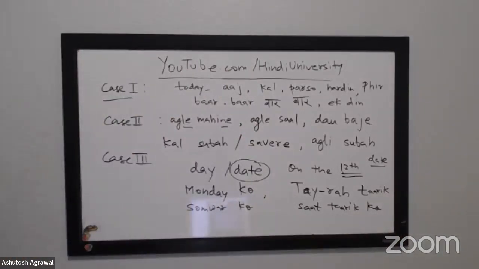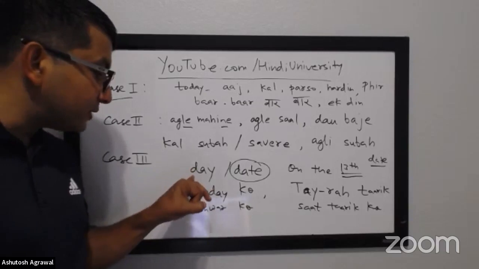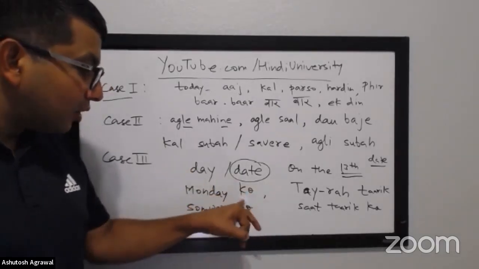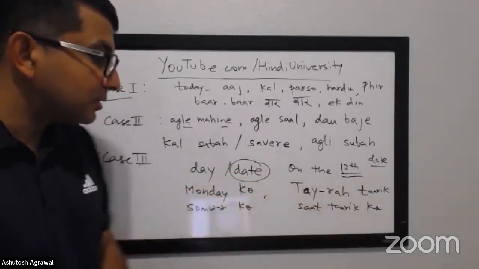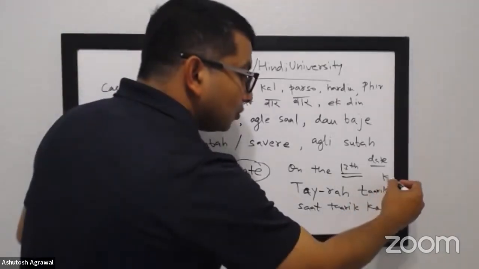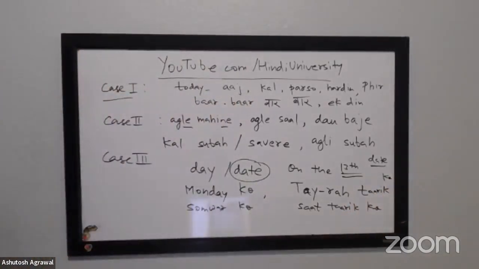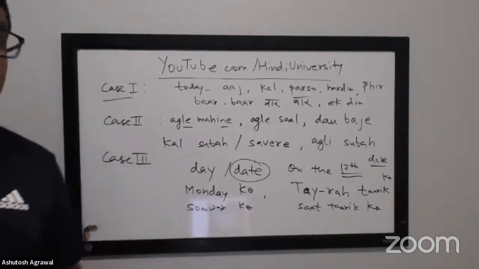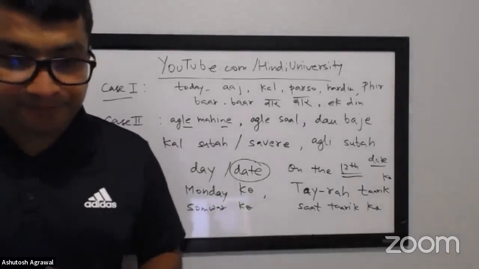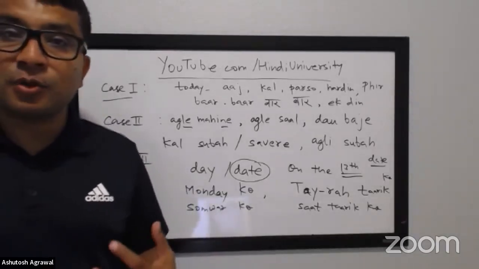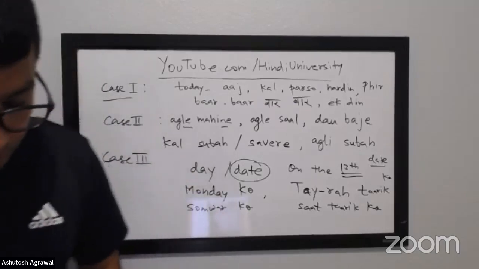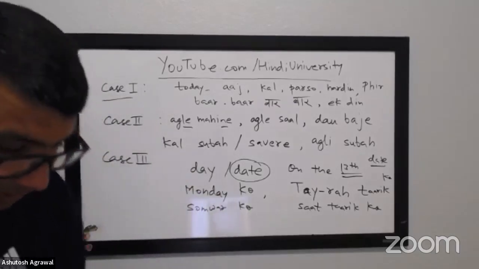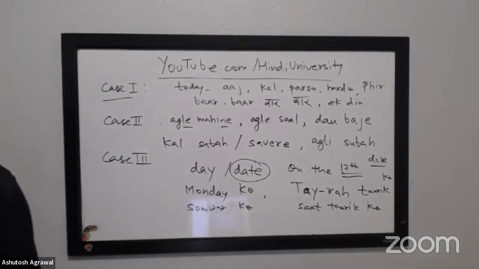So the third category, as I said, is when you are using a particular day or a date, along with that you use postposition ko. This makes it an adverbial phrase, as you are using it as an adverb to give the response of when. There is more to it. I'm going to erase it, but I want you to write it down in case somebody is making notes.